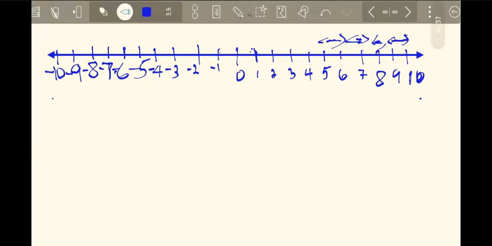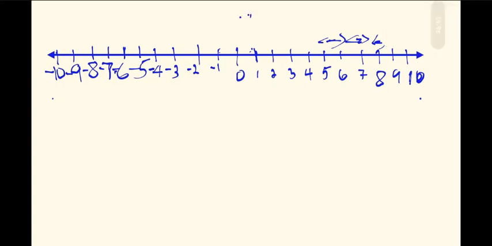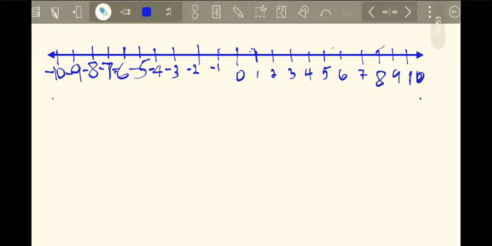The spaces between the numbers should be the same. That's what I mean. So this number line, let's take note, is not drawn to scale. But for learning purposes, let's use this number line. So we are going to compare numbers on this line.